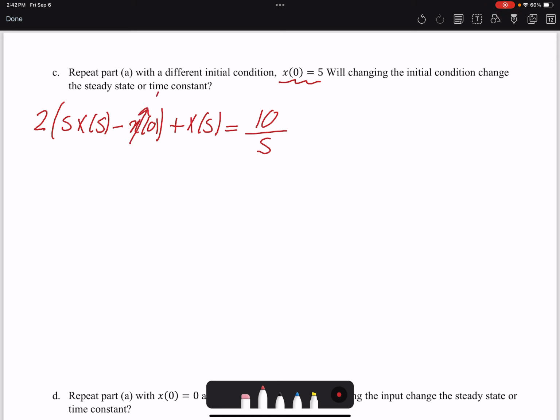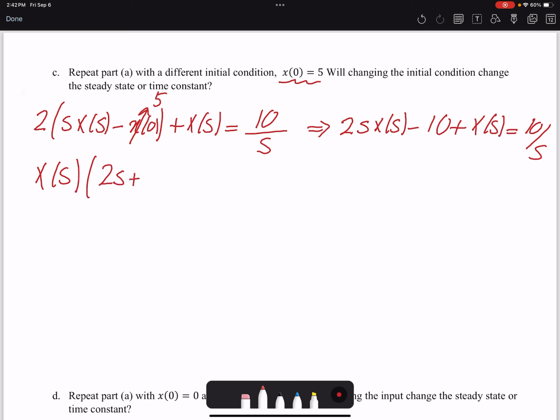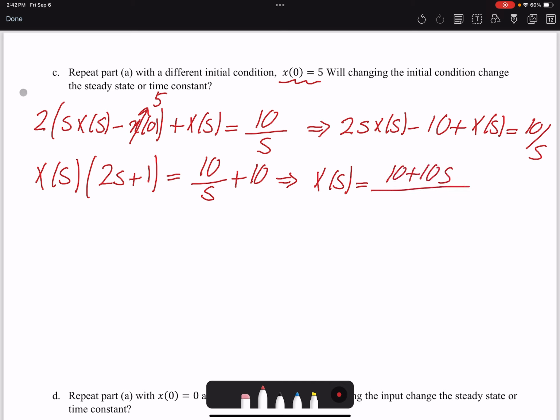X naught is 5. Rearranging everything would be 2s Xs minus 10 plus Xs equals 10 over s. Factor Xs, because that's the response we want to find out, would be 10 over s plus 10. Again, Xs would be 10 plus 10s over s(2s plus 1).